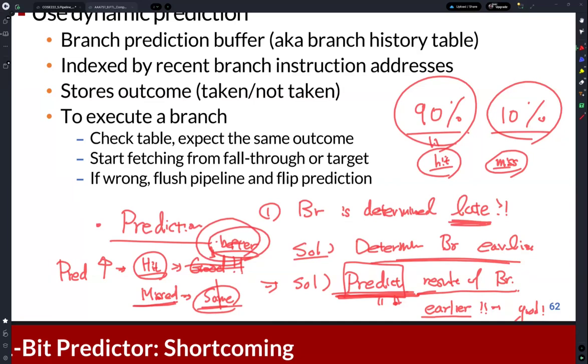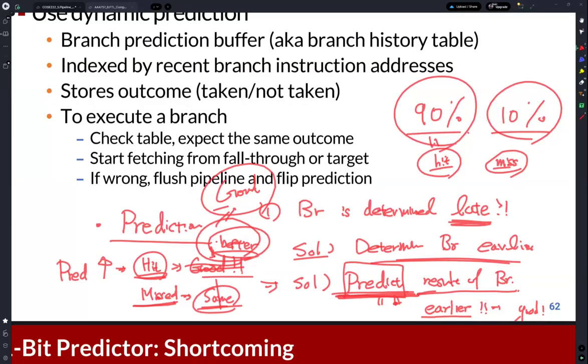Then we can predict some result with a very high probability. And is it good or bad? It's good, obviously, right?